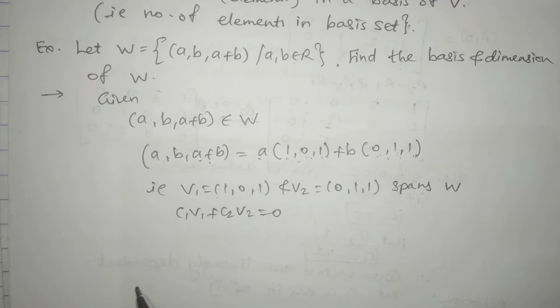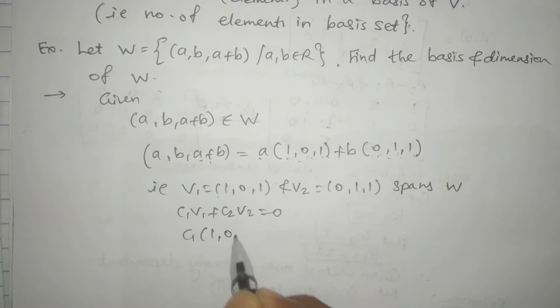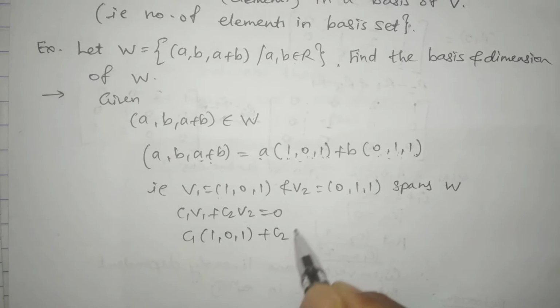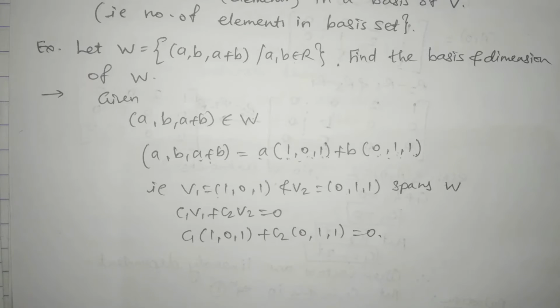So we will get c1 into v1, which is (1, 0, 1), plus c2 into v2, which is (0, 1, 1), equals 0. Now we can make this into equation form and solve it. We will get the values of c1 and c2.